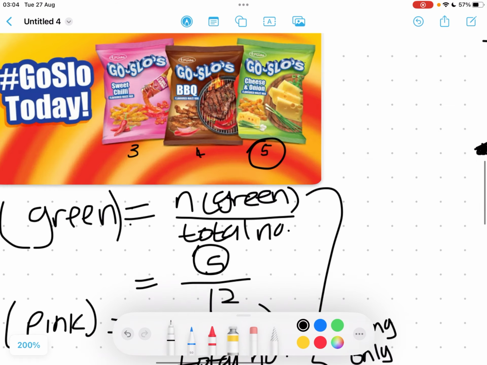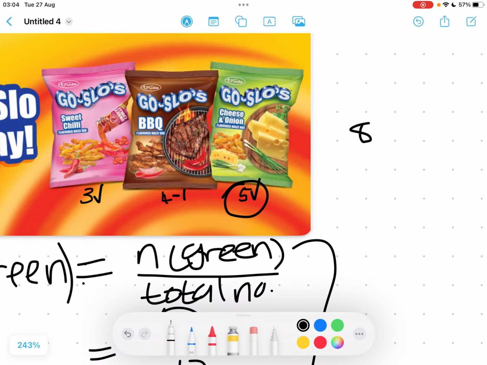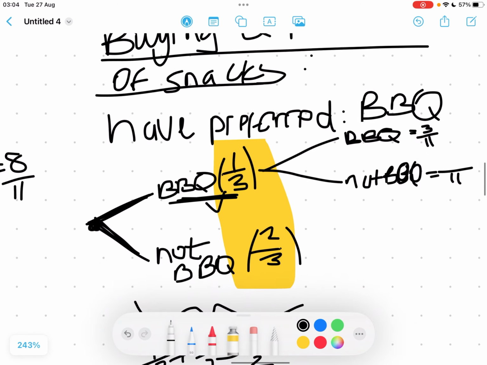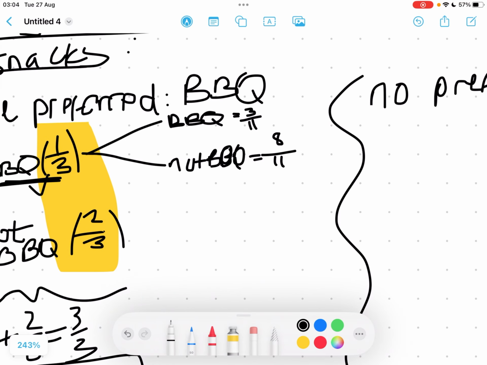So let me look at it here. If I sell coleslaws 3 brown, this number does not change and this number does not change. So I still have 8 of the ones that are not barbecue. And then since I sold 1 of the 12, I'm going to have 12 minus 1 here, which gives me 8 over 11 for the option not barbecue. So that's my probability for getting not barbecue.